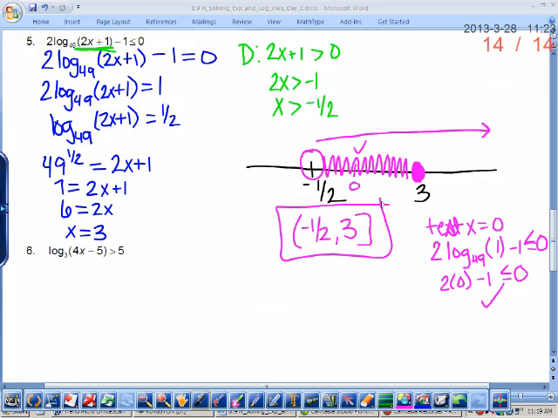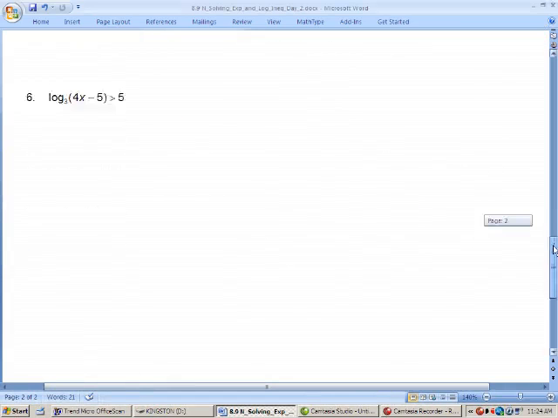Questions on that? Okay, I'm going to give you about 2 or 3 minutes on number 6. I want you to get to the number line. Find your critical values and get to the number line. We'll test the points together. You are going to have to do a little multiplication on the side of your paper. You are just fine. I promise. So get started on number 6.